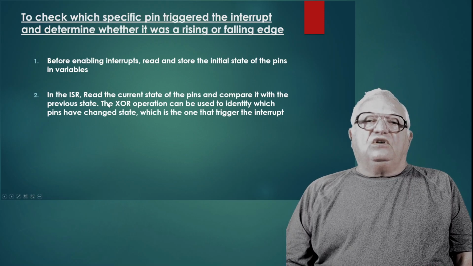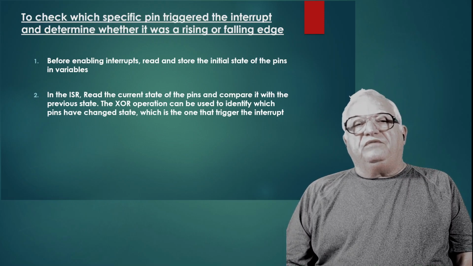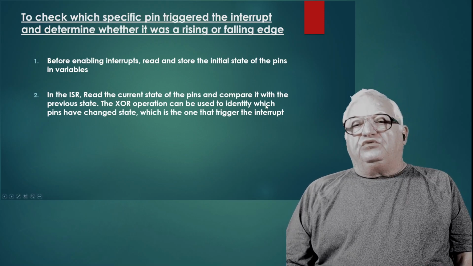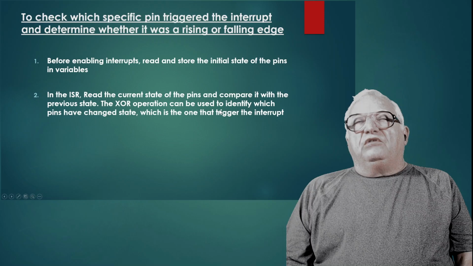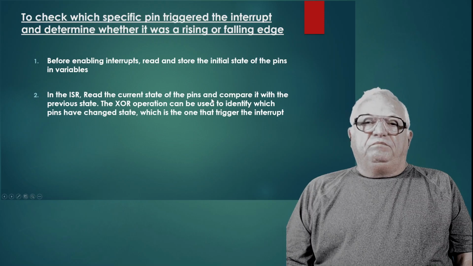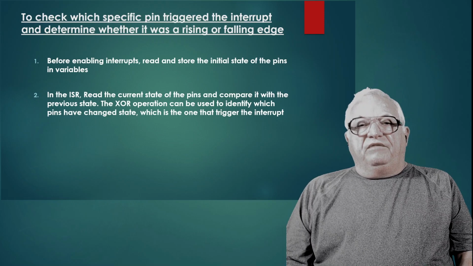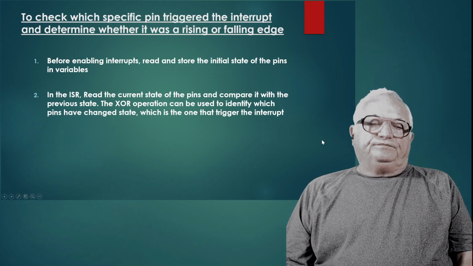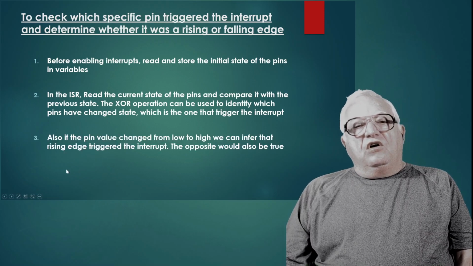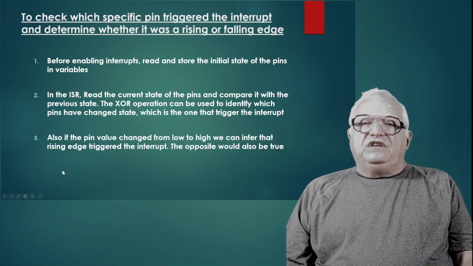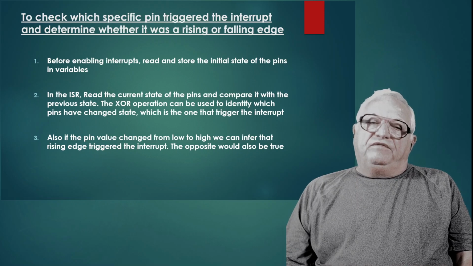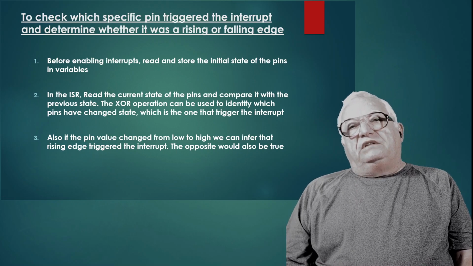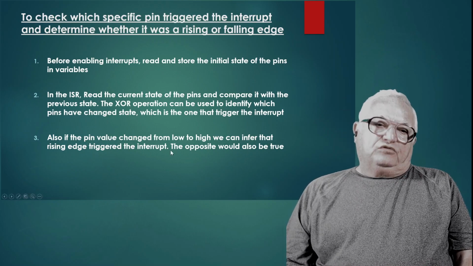The XOR operation can be used to identify which pin changed state, which is the one that actually triggered the interrupt. So you read the initial state of the pin, you read the final state, and figure out which one changed; that triggered the interrupt. Also, if the pin value changed from low to high, we can infer that the rising edge triggered the interrupt.